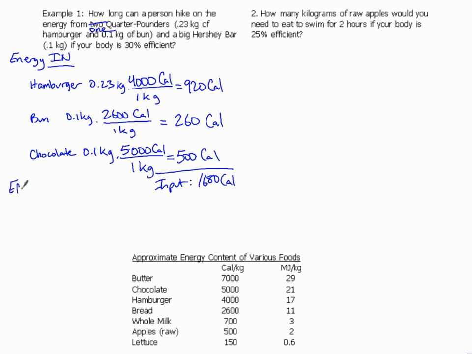So remember our efficiency: output divided by the input. And we're going to solve for the output because that's what we really want to know. We know how efficient the thing is, and we know the input.